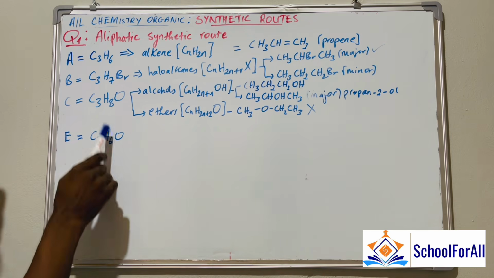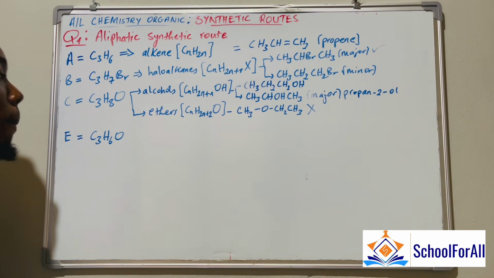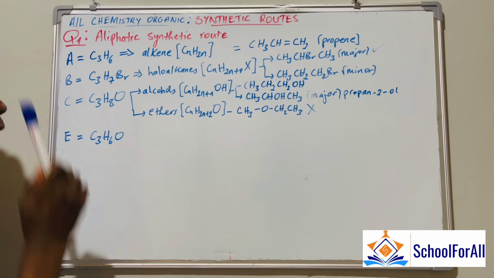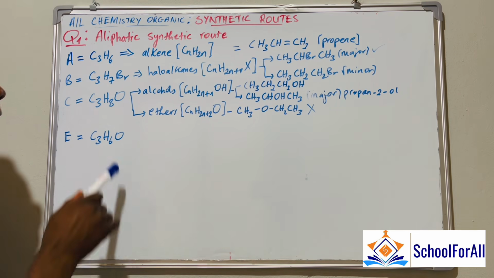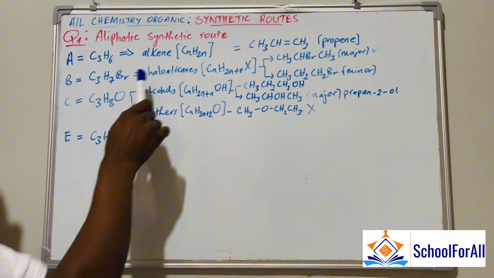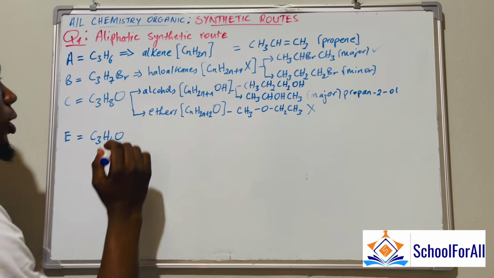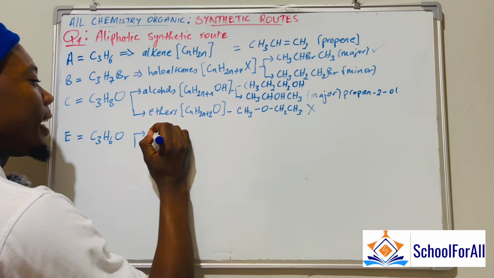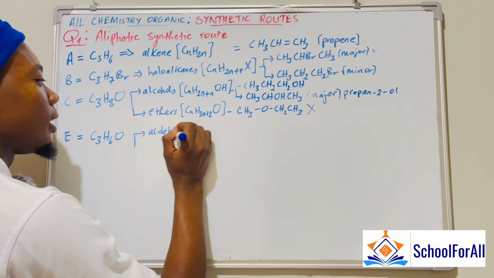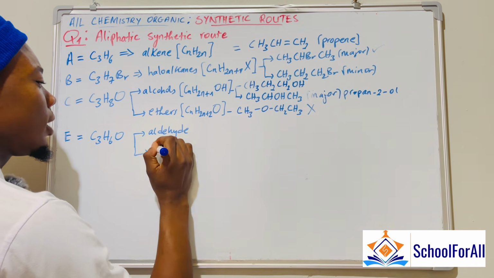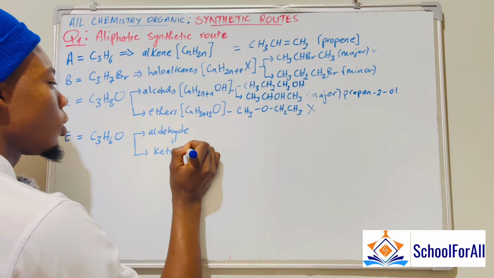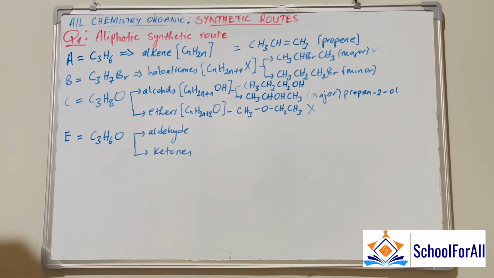So, look at it very well. When you are seeing that the number of hydrogen is equal to the number of carbon times 2, and there is one O, you will not think about alcohol and ether. In this case, you will think about aldehyde and ketones, which are also functional group isomers.